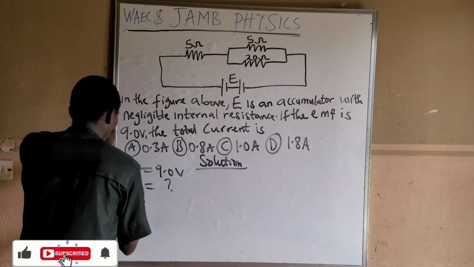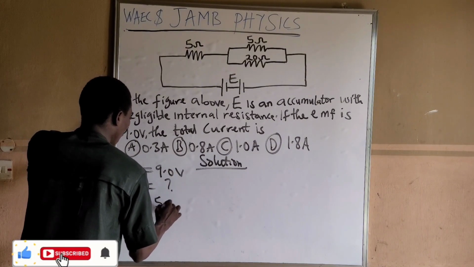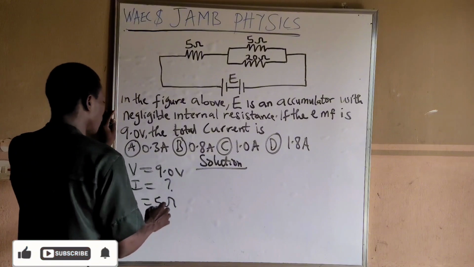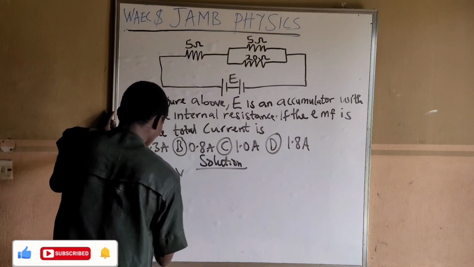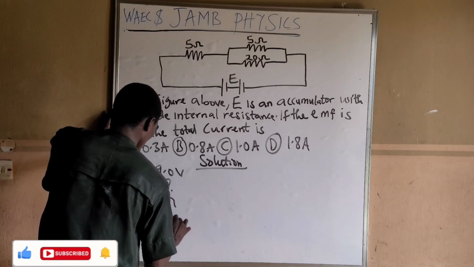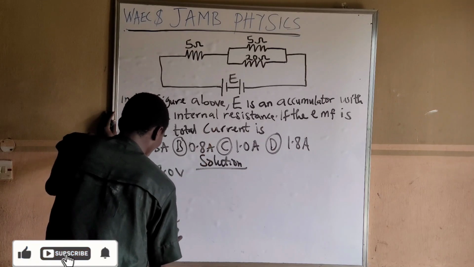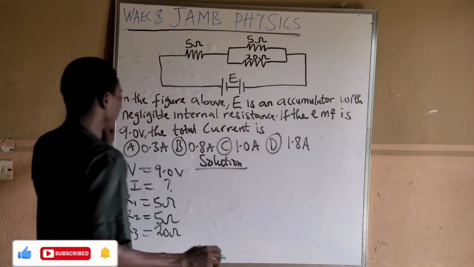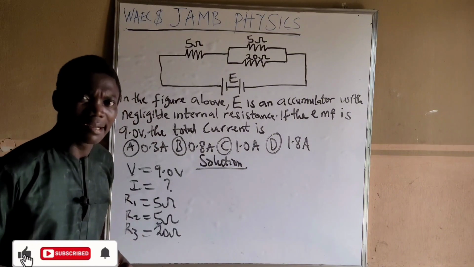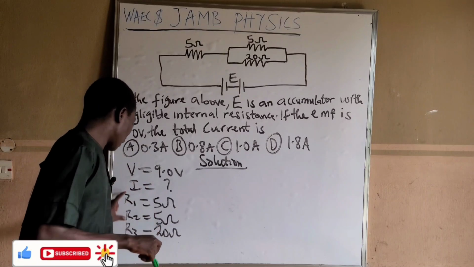Let's take R1 equals 5 ohms, R2 equals 5 ohms, and R3 equals what? 20 ohms.